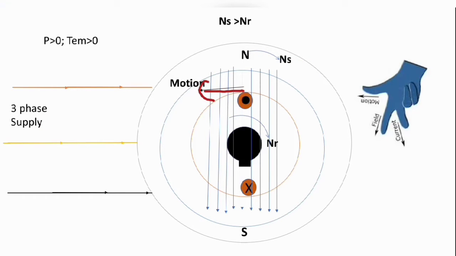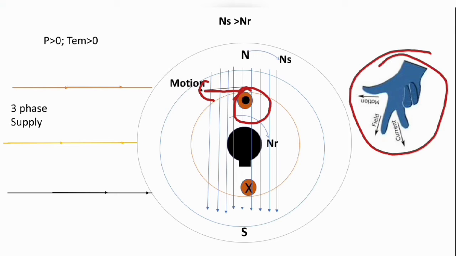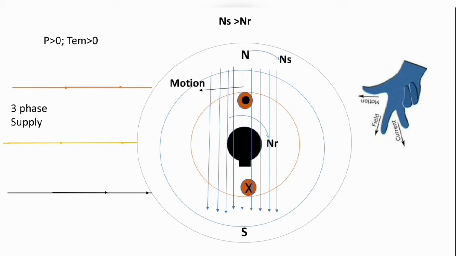So when we use Faraday's law and Fleming's left hand rule, we see the current direction will be upward. Here we show Fleming's left hand rule: the motion is here, the magnetic field is here, so the current is in the upward direction. Again we apply the right hand rule.